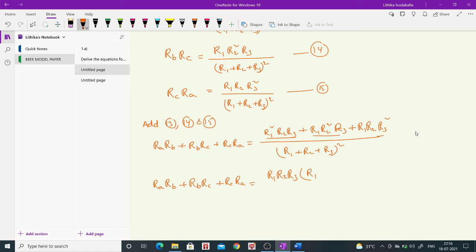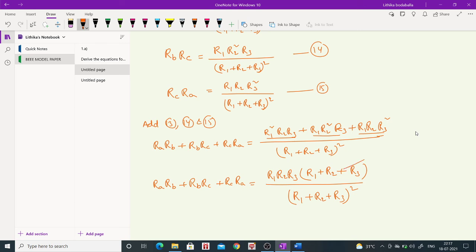In the second term, R2 is 2 times square, so I am left with R2. In the third term I am left with R3. So R1 plus R2 plus R3 whole square in the denominator.